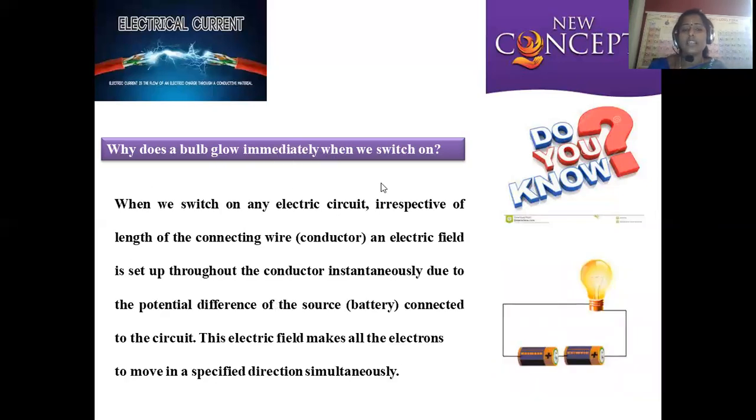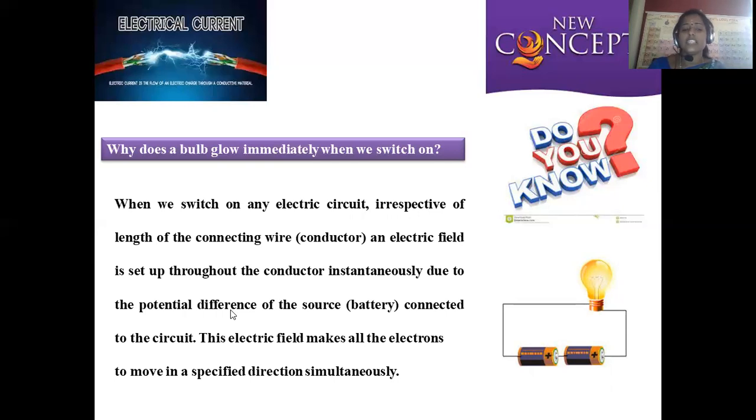Why does the bulb glow immediately when we switch on? In continuation of this question, when we switch on any electrical circuit, irrespective of the length of the wire, an electrical field is set up throughout the conductor. So a new electric field gets generated in the conducting material. Instantaneous generation is possible due to the potential difference.